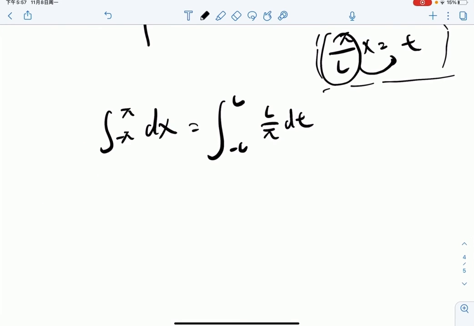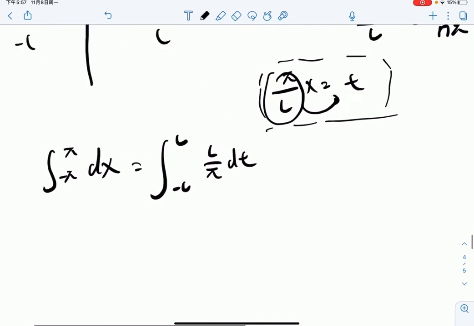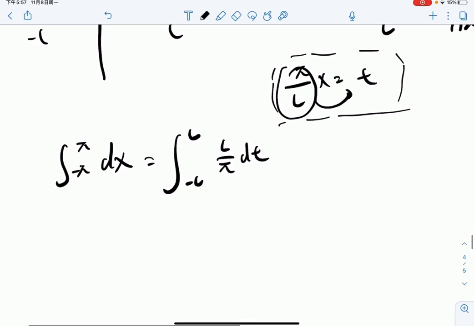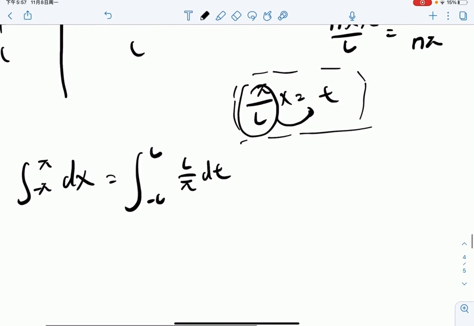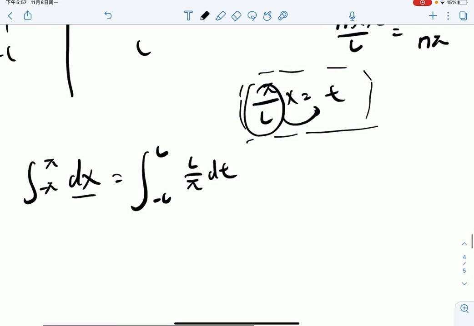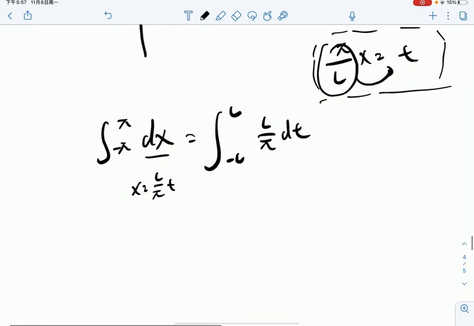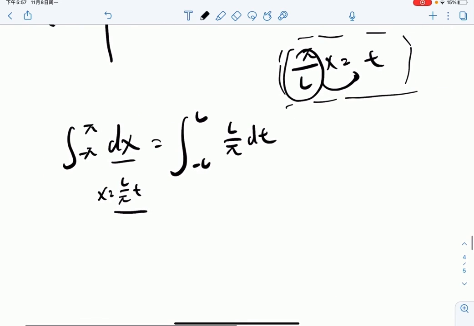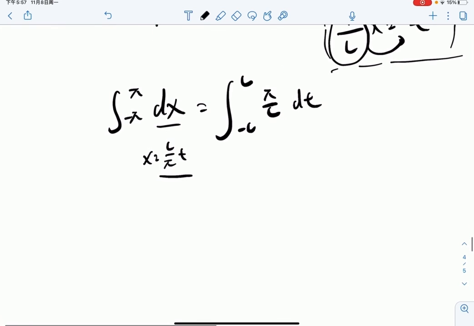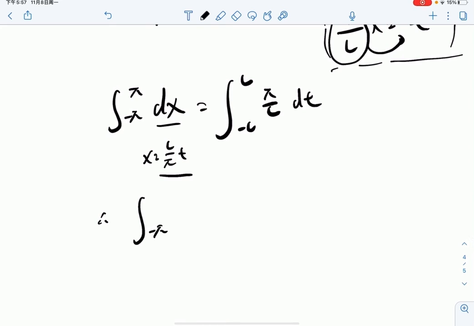So now the formula is going to be, when x is equal to L t over pi. Oh wait, this is pi divided by L. So now we can see that from this transformation we can get this to that dt.